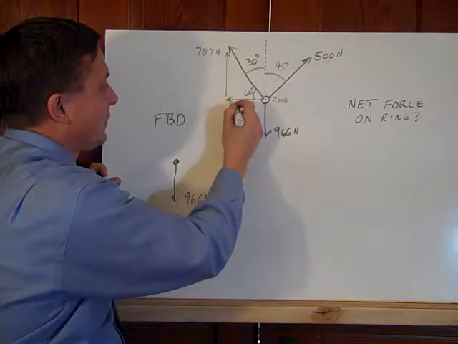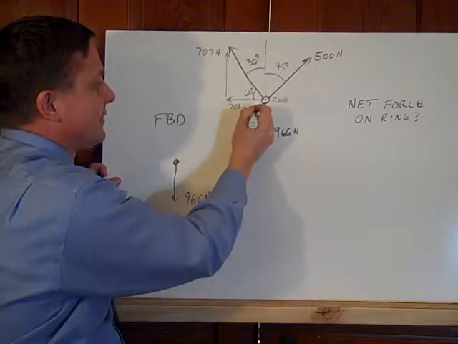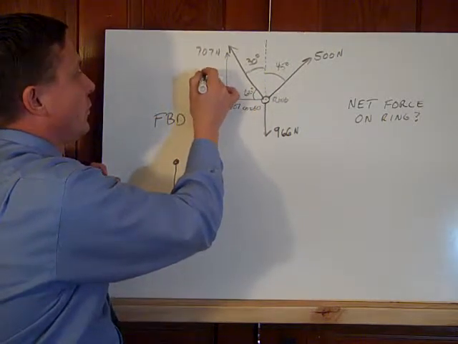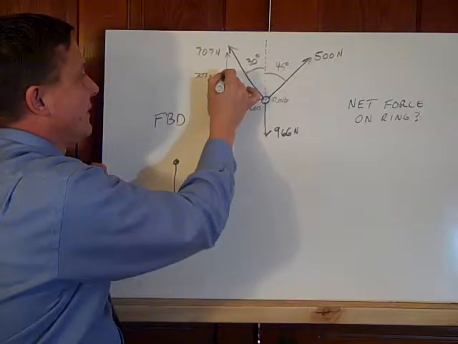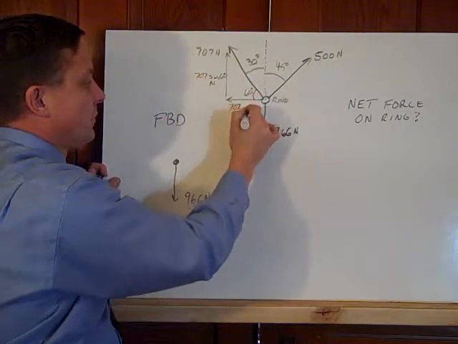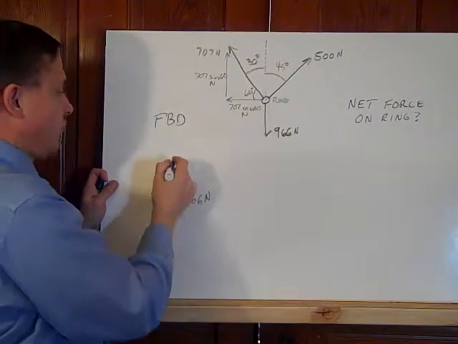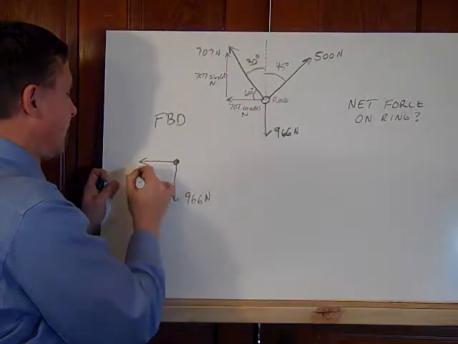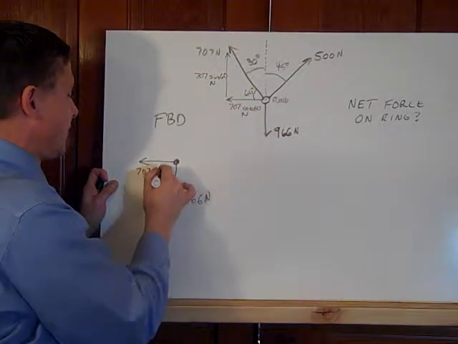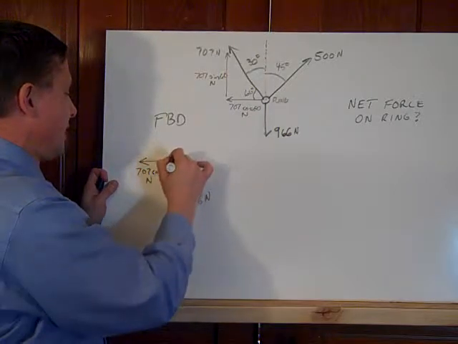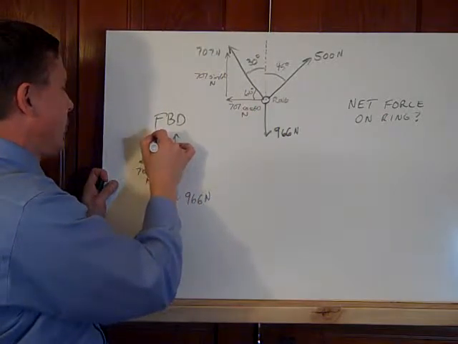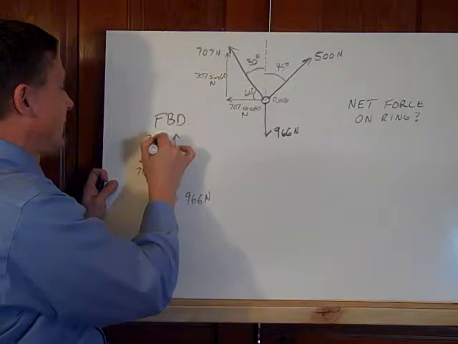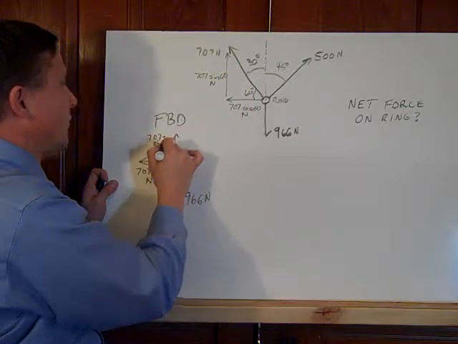So I have 707 cosine 60 in here, and over here I have 707 sine 60, and those are both newtons still. So I'll draw in those 2 forces: 707 cosine 60 newtons, 707 times sine 60 newtons.